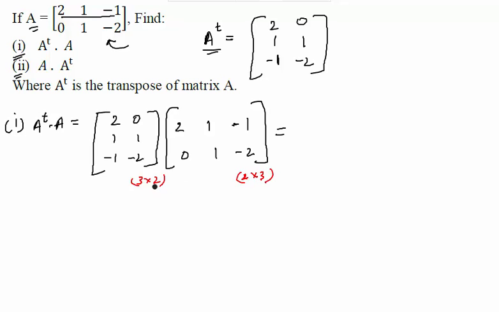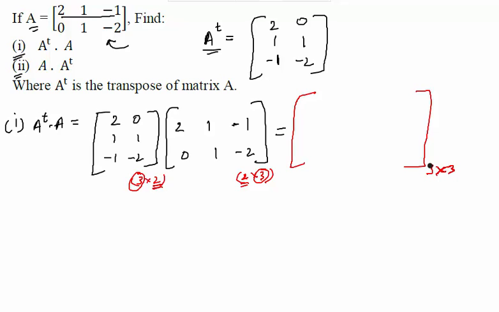Now, since the number of columns of the first is the same as the number of rows of the second, we can multiply these two matrices. Also, what will be the order of the final matrix? The order of the final matrix is 3 cross 3, right?